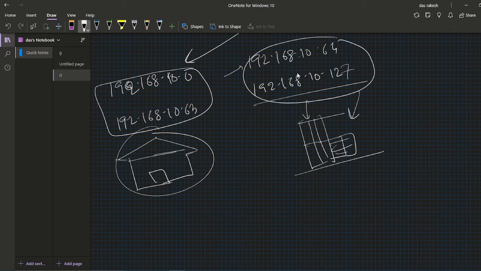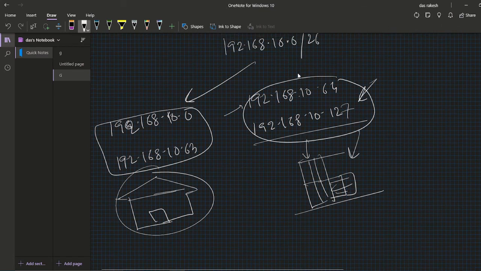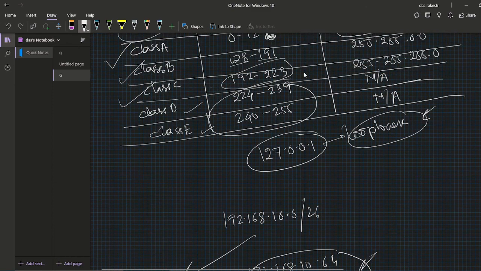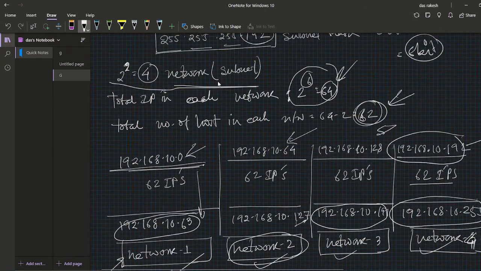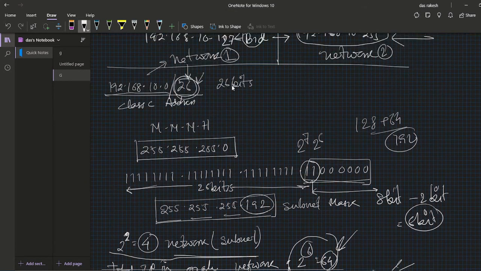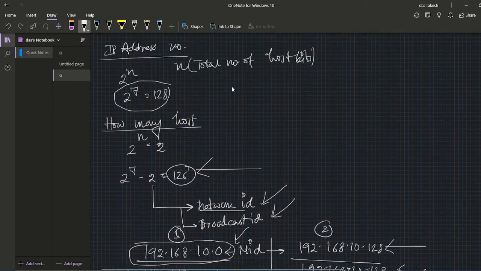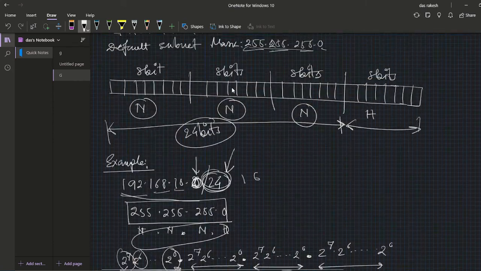So this IP is assigned for this. So different types of IPs, and lots more IPs, are generated from a single network using classless routing, also known as the CIDR routing protocol. Okay, so this is the concept of subnetting.